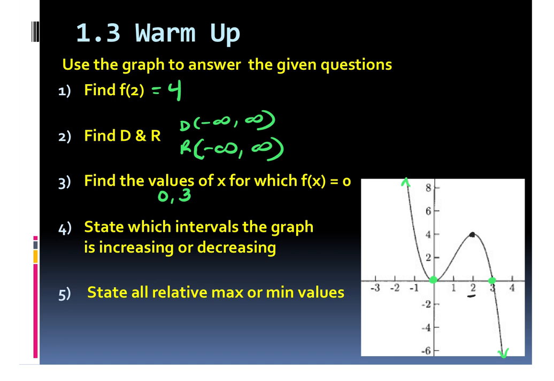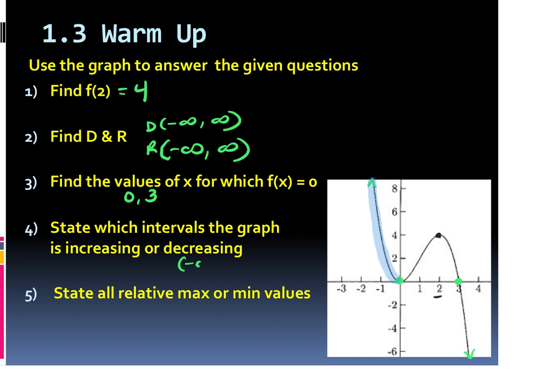Number 4 says state which of the intervals the graph is increasing or decreasing. So remember, we do this in interval notation, and we use the x values again. As I go from left to right, I start with this first little swoop, right? And that is decreasing. So it is decreasing from negative infinity to the x there, which is 0. A point cannot be decreasing, so it always gets a parentheses. Then it changes direction and it goes back up again.